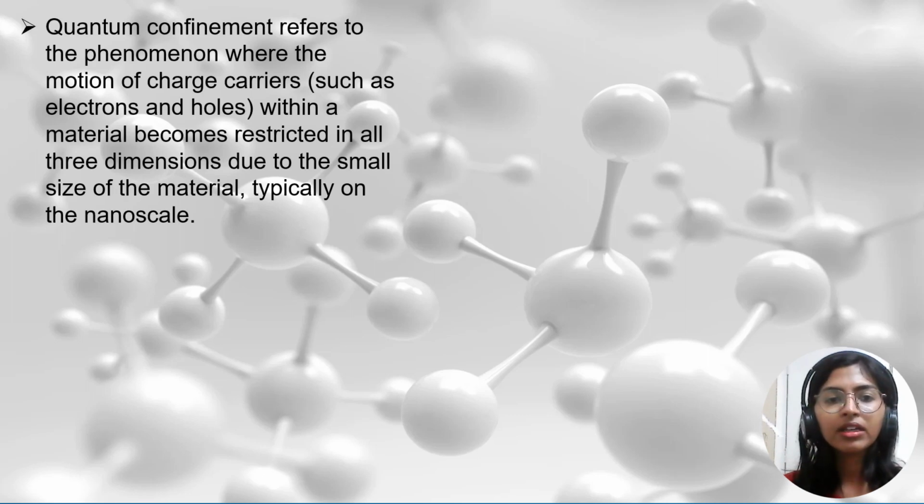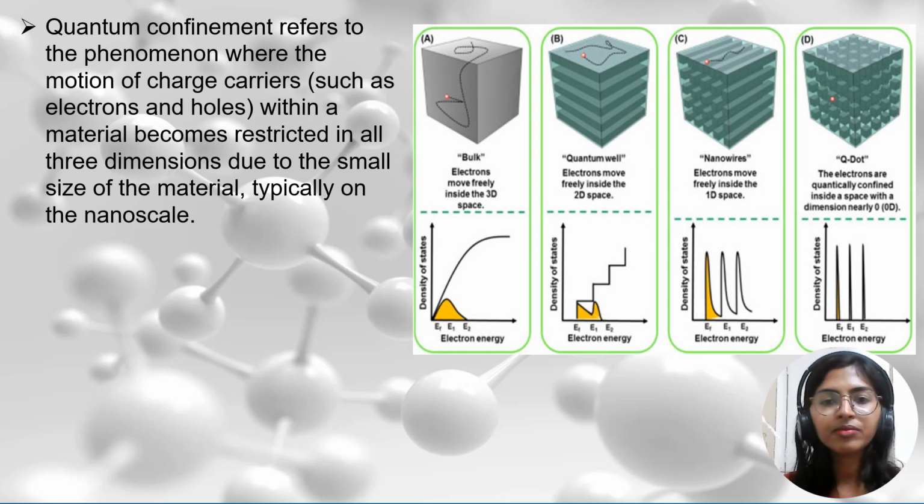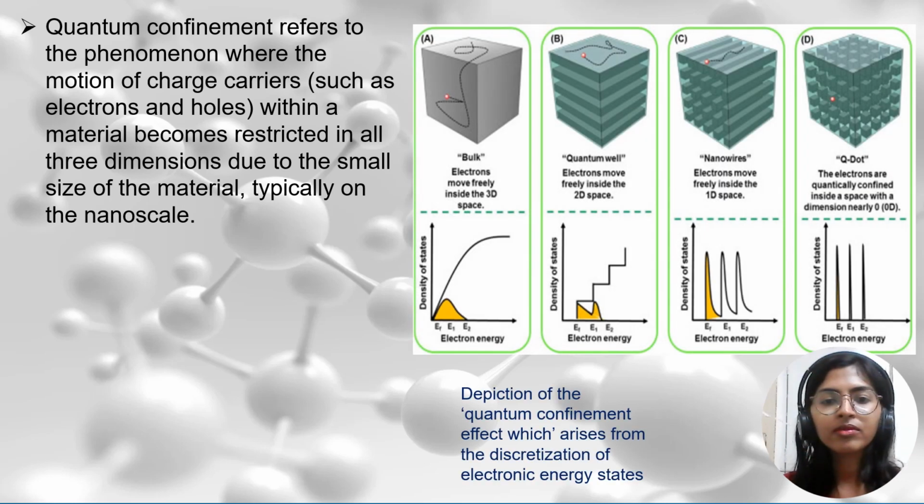Quantum confinement refers to the phenomenon where the motion of charge carriers such as electrons and holes within a material becomes restricted in all three dimensions due to the small size of the material, typically on a nanoscale.